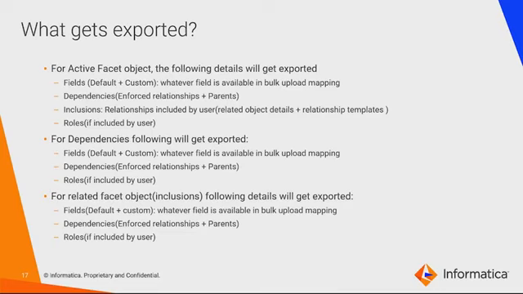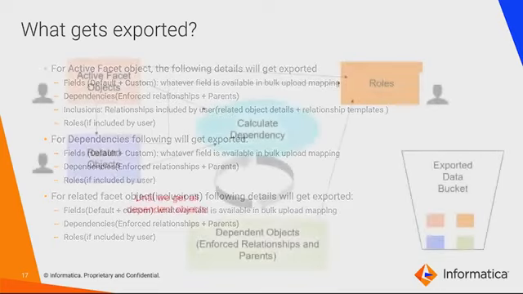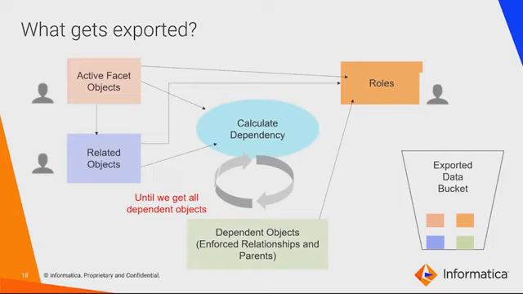Now let's see how this complete data migration works in a pictorial way. A user selects a particular object, searches, and starts the migration with the related objects, what the active facets objects are, and what the roles are.